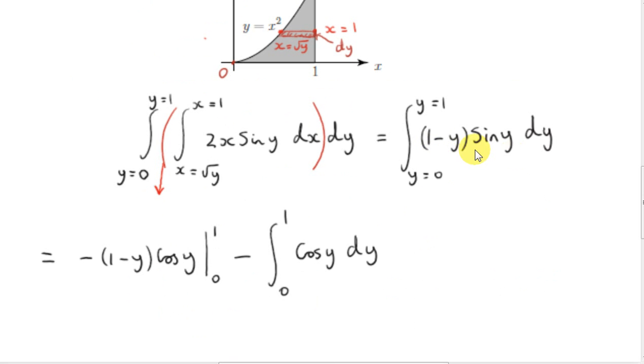Now with this integral we have to use integration by parts. 1 minus y is an algebraic term or function. Sine y is trigonometric. So if we use our rule LIATE, we see that A takes precedence over T. A comes before T in this rule, so we set u equal to the algebraic term.